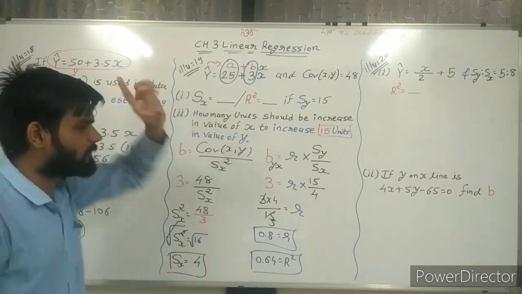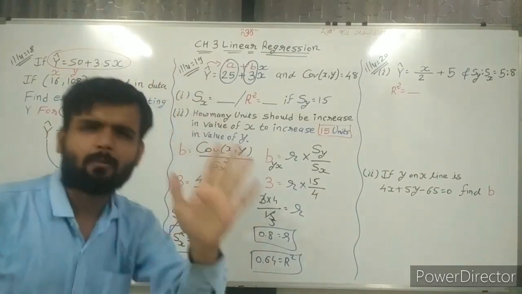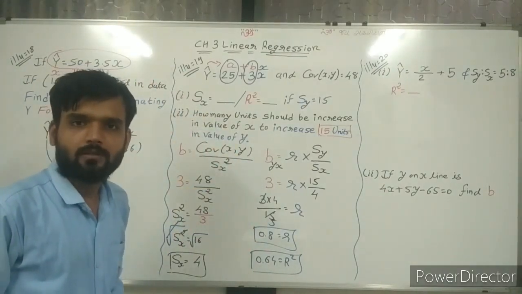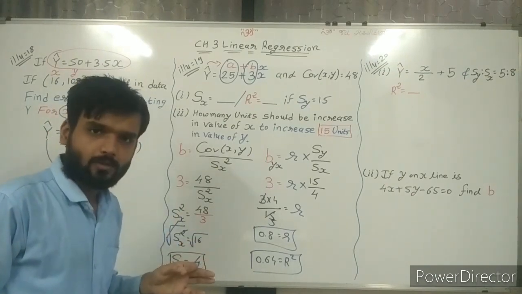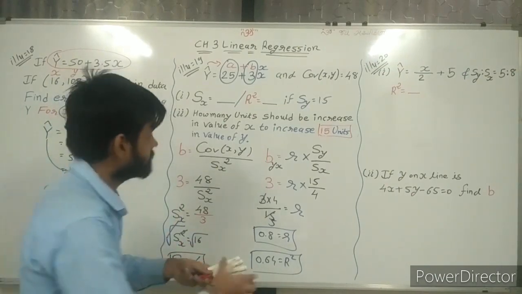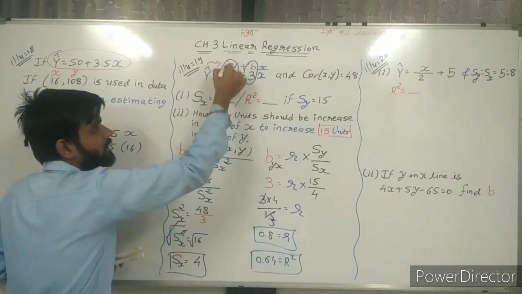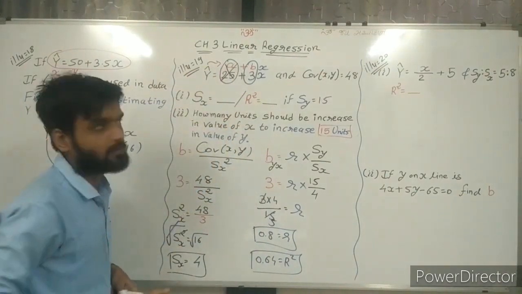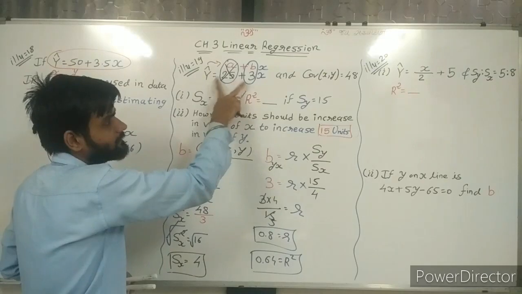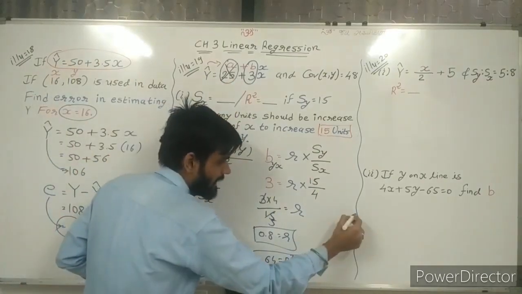Whenever this type of question is asked, don't worry about it. We are comparing. What are we comparing? Here, don't consider this 25, and take these two things, and that I am writing here.